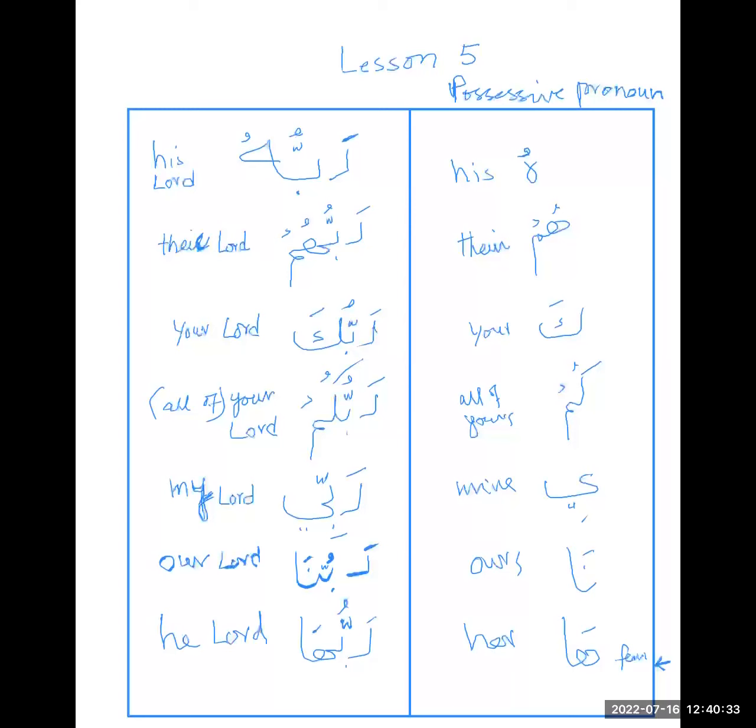Now you open the Quran and you somewhere see ka or kum, or Rabbi, or we attach who or whom or ha, you would already know the meaning, right?